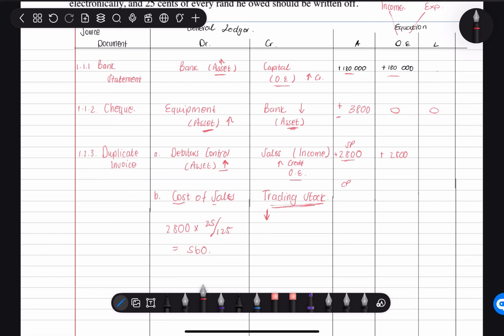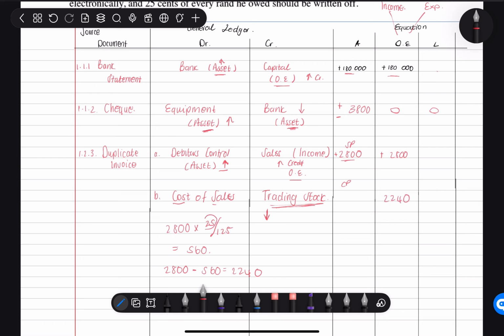Okay, so then we're going to say 2,800 minus 560 to get our cost of sales, and this will give us 2,240. So we've got a cost of sales amount of 2,240.